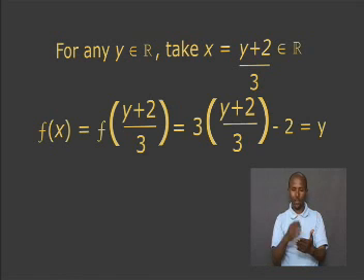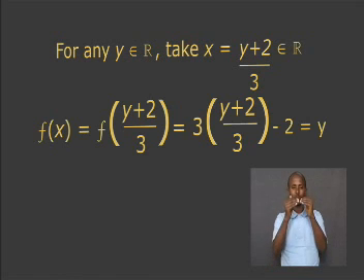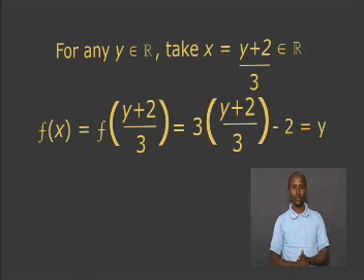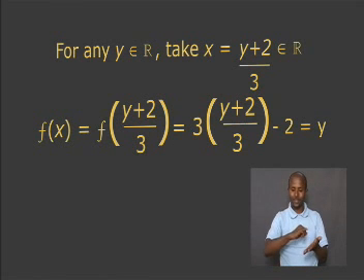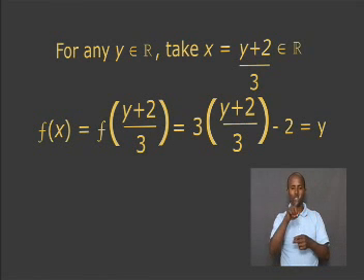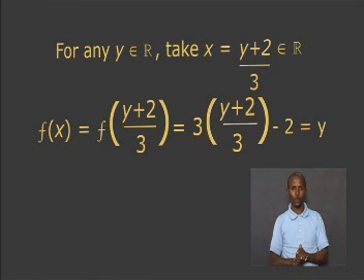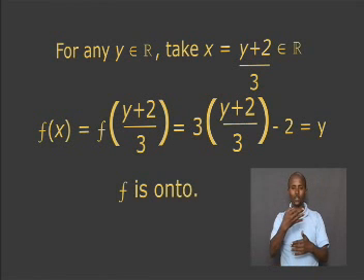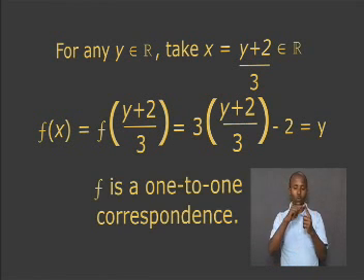Then f of x equals f of (y plus 2) over 3. We can write this as 3 times (y plus 2) over 3 minus 2. The result of this expression is y. So f is onto. Since f is one-to-one and also onto, f is a one-to-one correspondence.